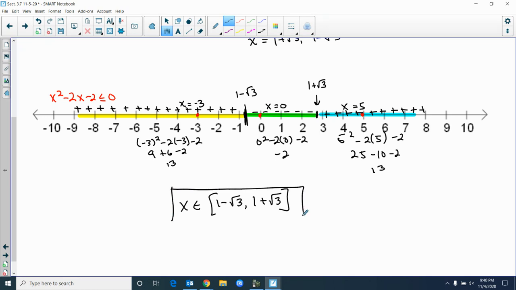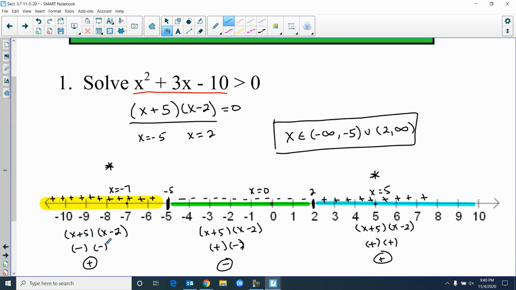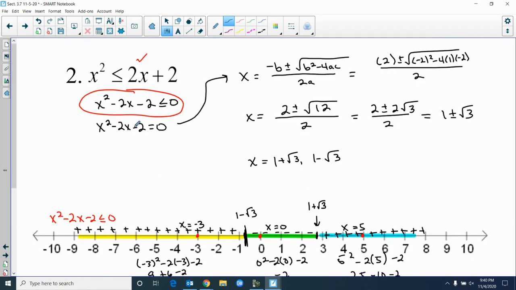Okay, so all those values will solve that inequality. If it factors, I would just plug it in and worry about what the sign of the final answer is. If it doesn't factor, you've got to substitute it in and see what you come up with.